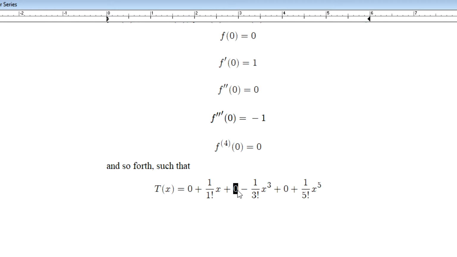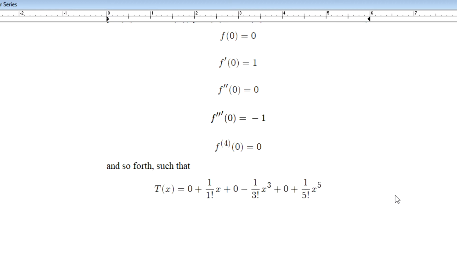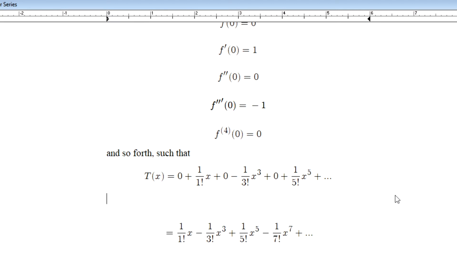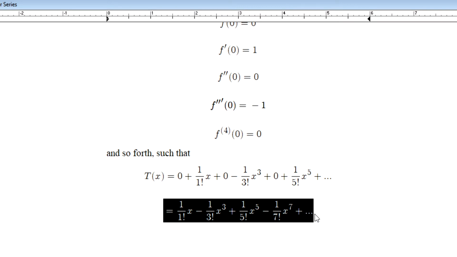Every even power of x minus 0 raised to the power will actually zero away, and you'll be left with these odd terms of the polynomial. And really, I should say here, plus, this goes on forever. If we consider continuing that out and dropping out those 0 terms, we actually have this series here.